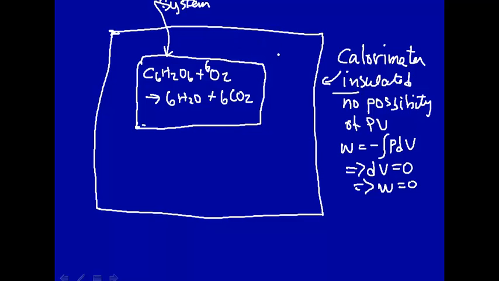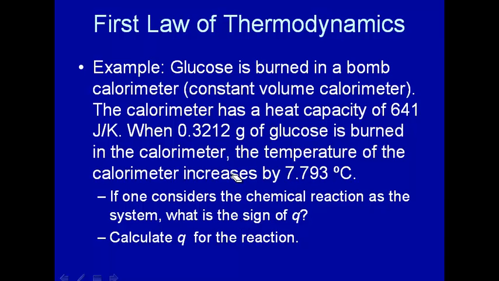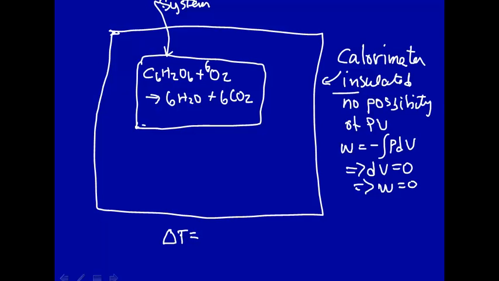And then the calorimeter, typically you have water in a calorimeter. But here, in this example, delta T is a positive number. Delta T for the calorimeter is 7.793. So in the calorimeter, the temperature went up. What does that mean?